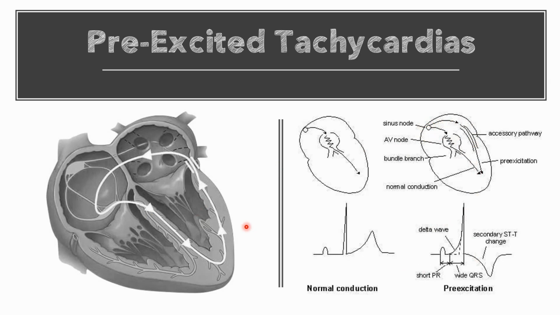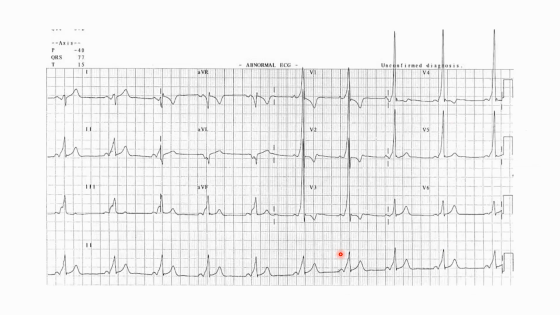If the patient has a reentrant type WPW like this, if it just keeps re-entering, then you're not going to see that delta wave because the impulses are not fusing together. Okay, and the reason that you have a short PR interval is because of that delta wave. If that delta wave was not present, then you wouldn't have a short PR.